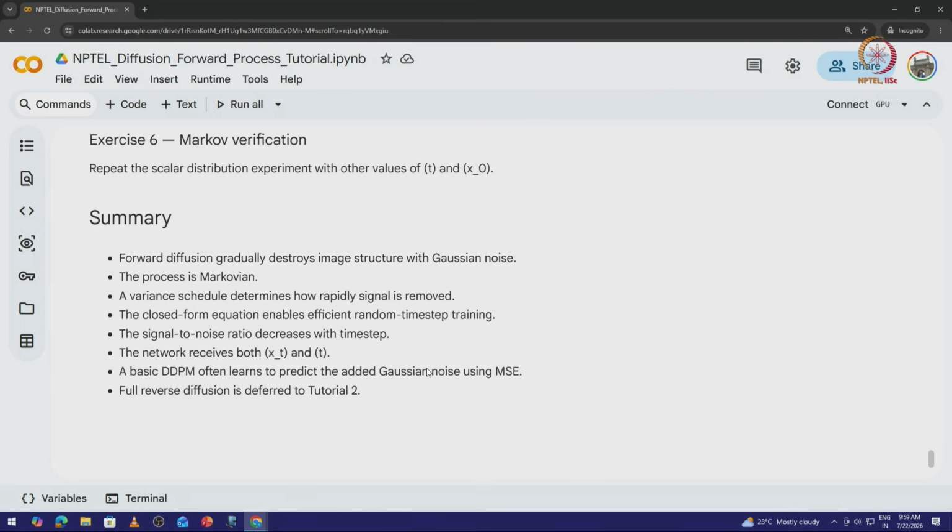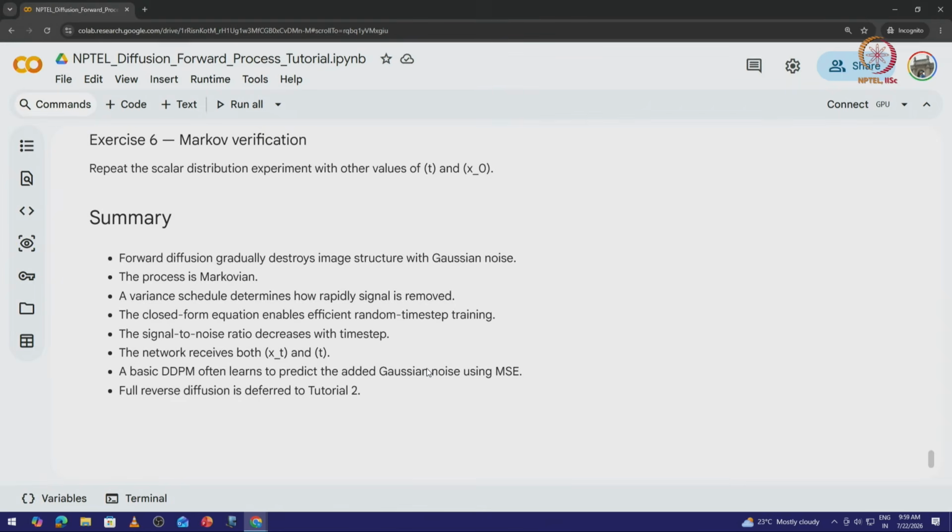Okay, so I will finish today's tutorial with just a summary. Forward diffusion gradually destroys the image structure with Gaussian noise. This process is Markovian. A variance schedule determines how rapidly the signal is removed. The closed form equation enables efficient random time step training.